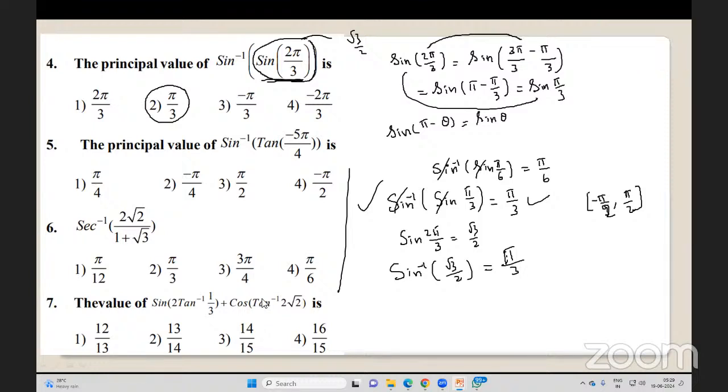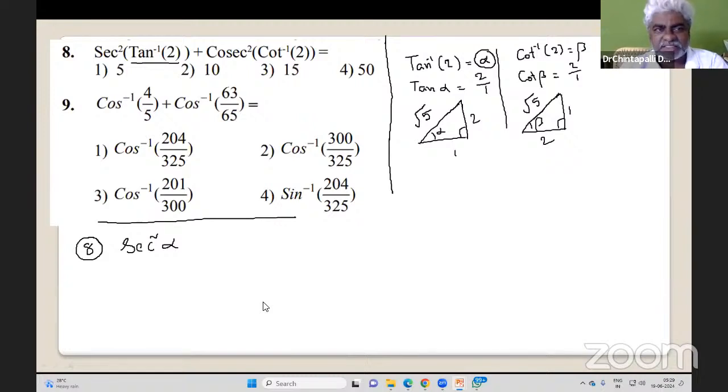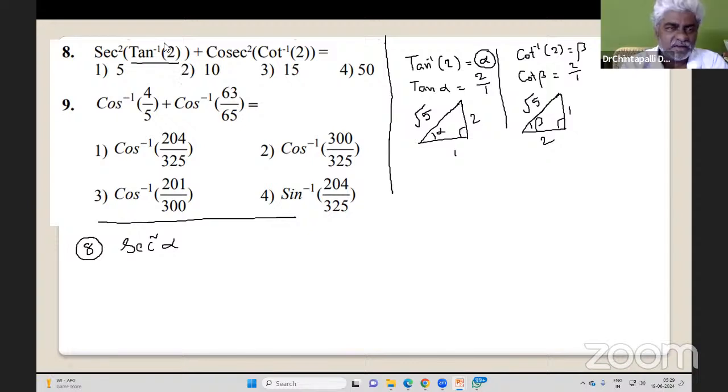But that process is not applicable here because the square is there. So there is no use converting tan inverse 2 as sec inverse something. Instead, we can just write alpha in place of tan inverse 2, right? Yes, sir.